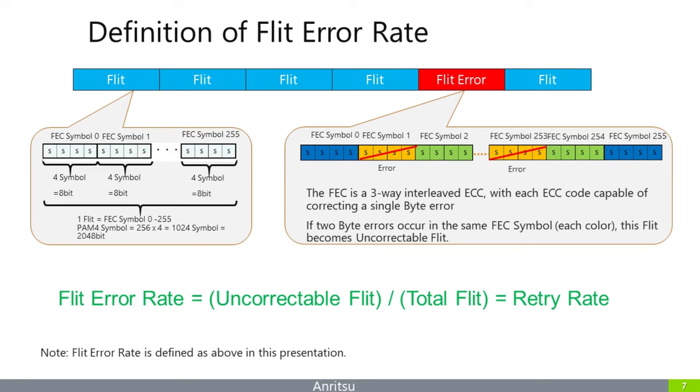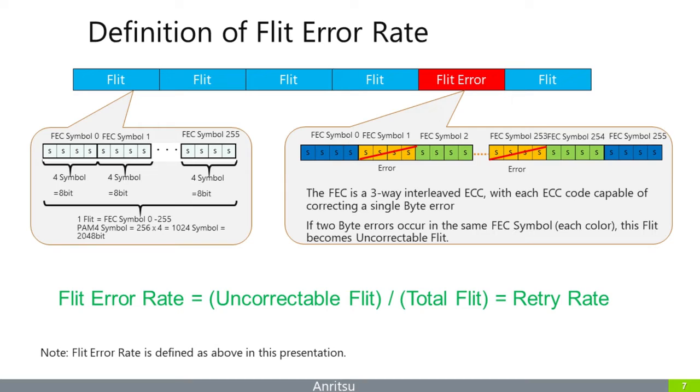So now you can see the example of Flit errors. In a blue Flit, no errors, but in a red Flit, it has errors. And you can see inside the Flit, there are 3 colors: blue, orange, green.